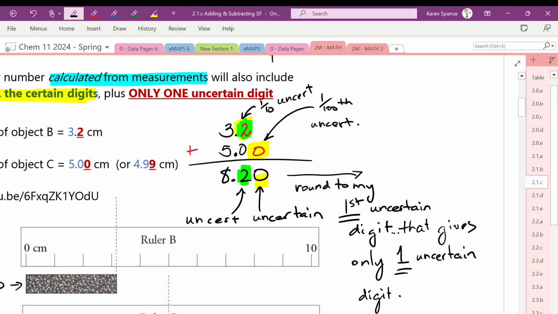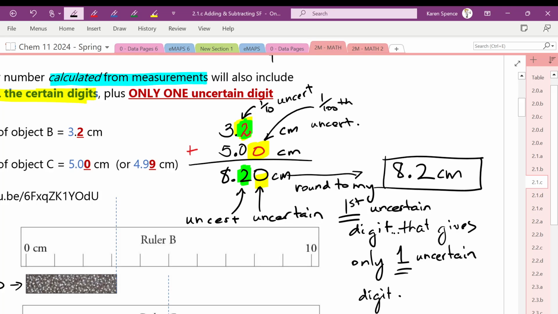Okay? So 8.20 is going to round to 8.2. If this were a written problem, I would need to write centimeters everywhere, because no numbers in chemistry exist without a unit. And in general, I like to box my final answer so I know that's it.